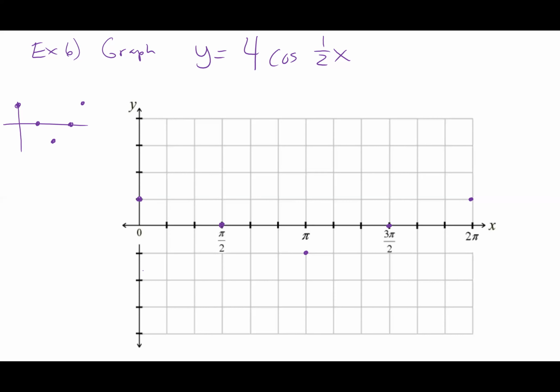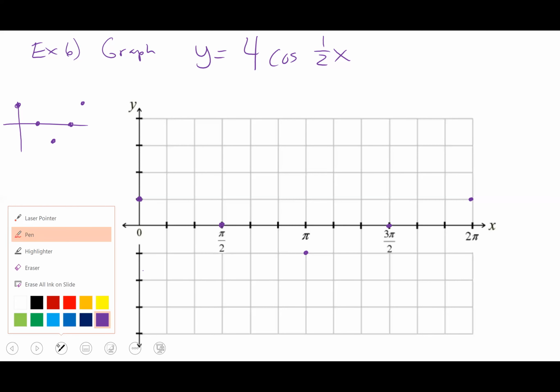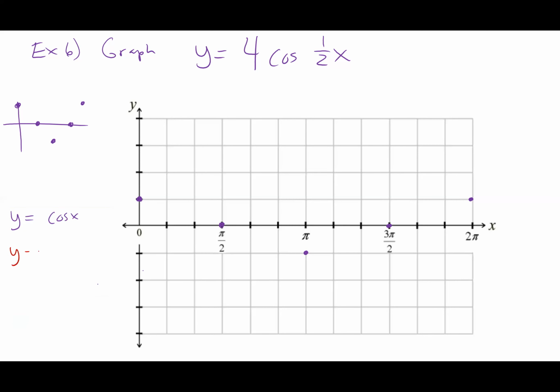So this original one was just this right here. Let me switch color. Now I'm going to do 4 cosine x. No problem. So all the ones get transferred up to 4. All the negative ones get transferred down to negative 4. And all my zeros stay as zeros. There it is. They didn't change whatsoever.